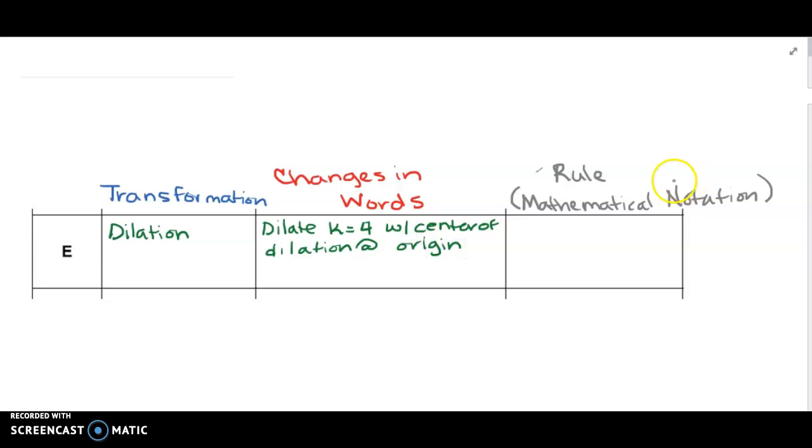Now, when my center of dilation is at the origin and I dilate it by a scale factor of 4, my rule is x comma y. All I do is multiply each coordinate by 4, so it'd be 4x comma 4y. We may or may not be done, but this is what we're going to start with.